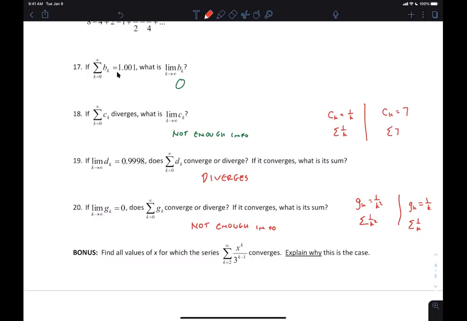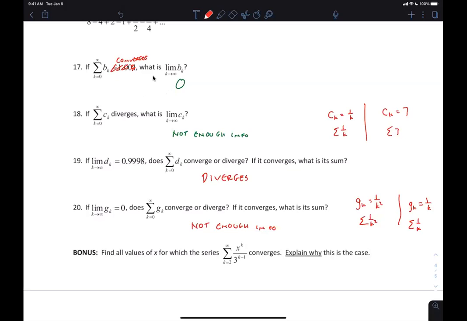I'm not 100% sure you're saying it right. But if we said that the sum GK converges, we don't have to give a number. So if this had said converges, which is what I think you're asking, what is the limit of GK? Then that would be 0. Is that what you meant? Yeah, that's what I meant. I think that's what you said, and you're right. Okay, other questions?